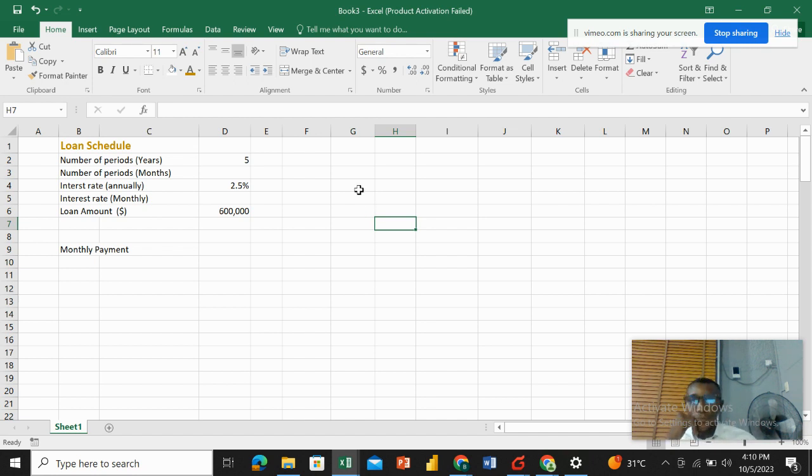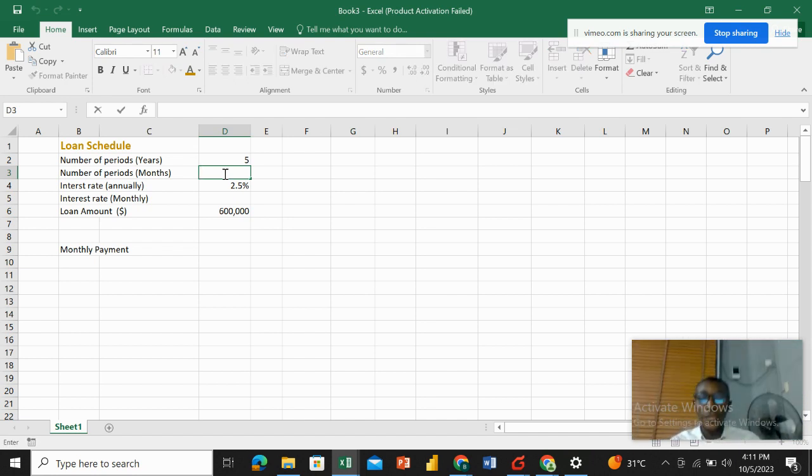So now, you want to calculate the loan schedule for these 5 years. We have number of period 5 years. We have number of periods in months. We want to know how many months it is going to take us in these 5 years to pay this loan.